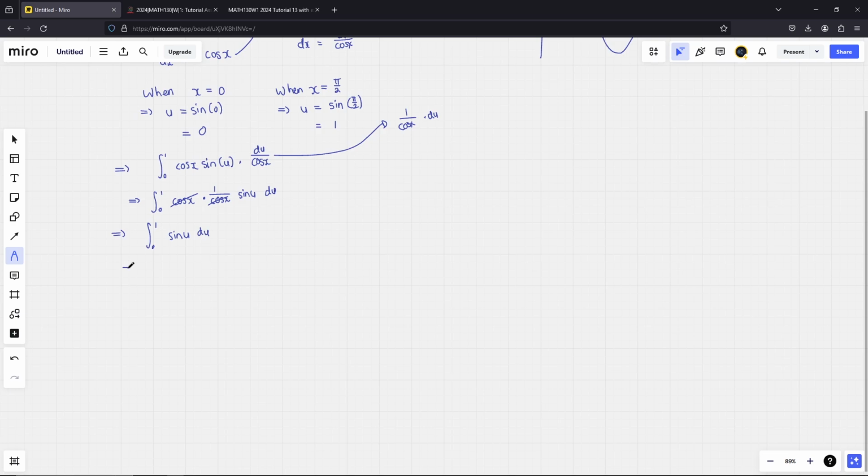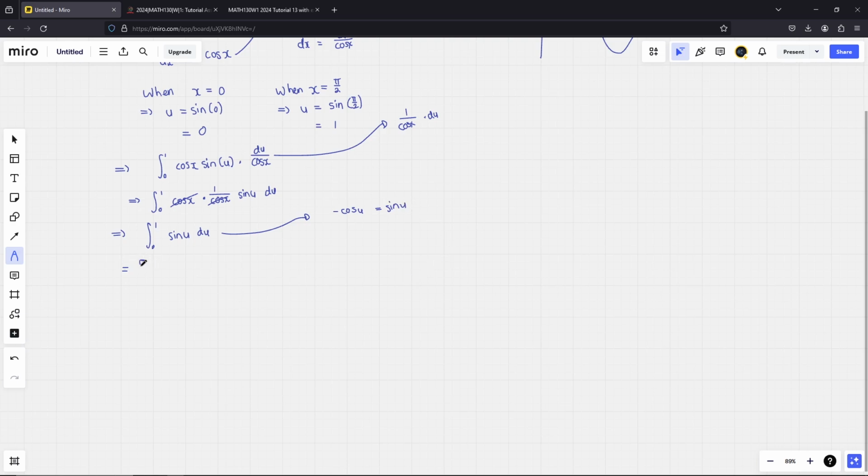So now taking the integral of sine u with respect to u, let's think about the antiderivative. If I have minus cos u and I take the derivative, let's ignore the minus sign for a second. The derivative of cos is minus sine. Now if I look at my minus sign and then take the derivative, I'm going to get sine u.